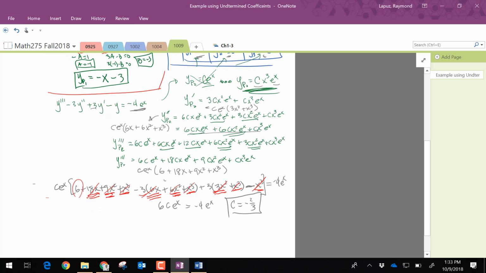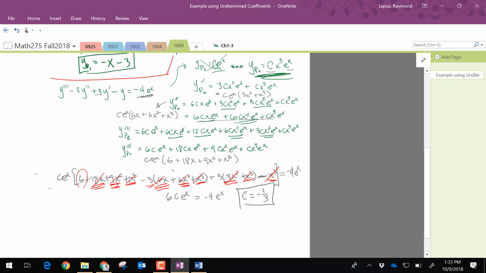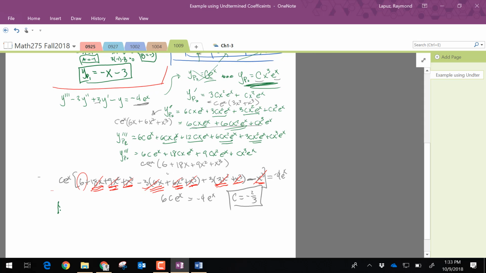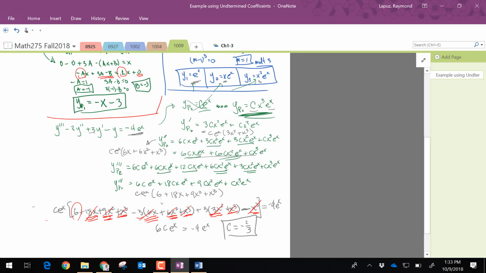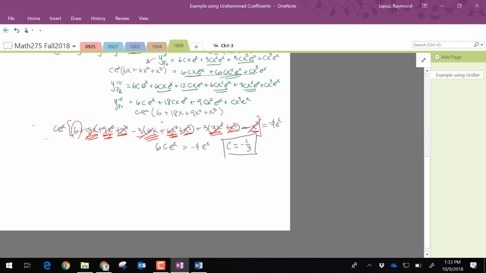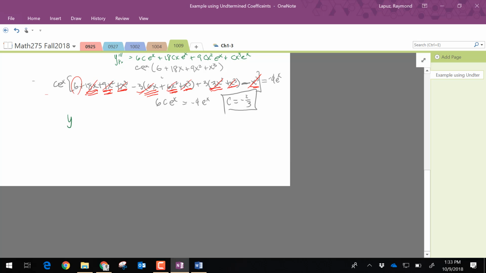So that's it. We are done. So to finish off this part, y sub p sub 2 is equal to negative 2/3 x cubed e to the x.